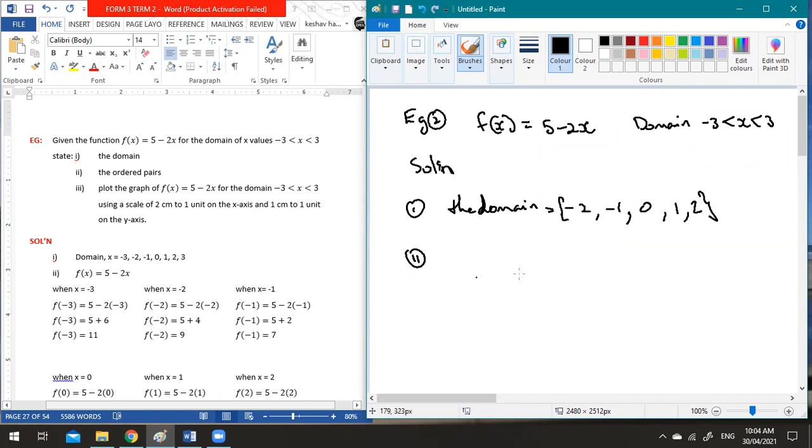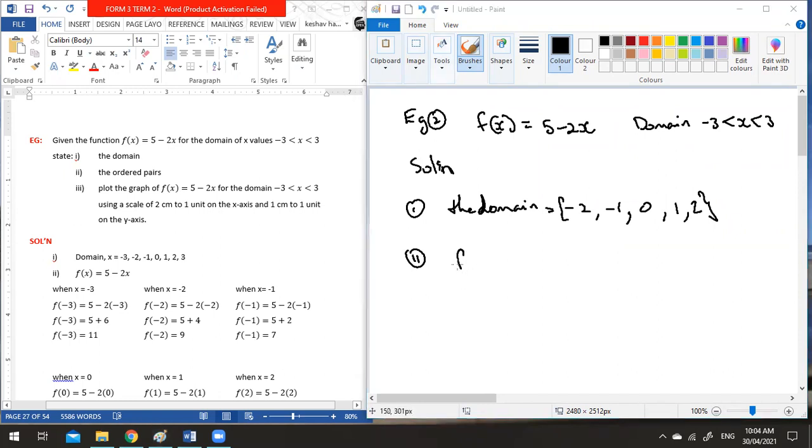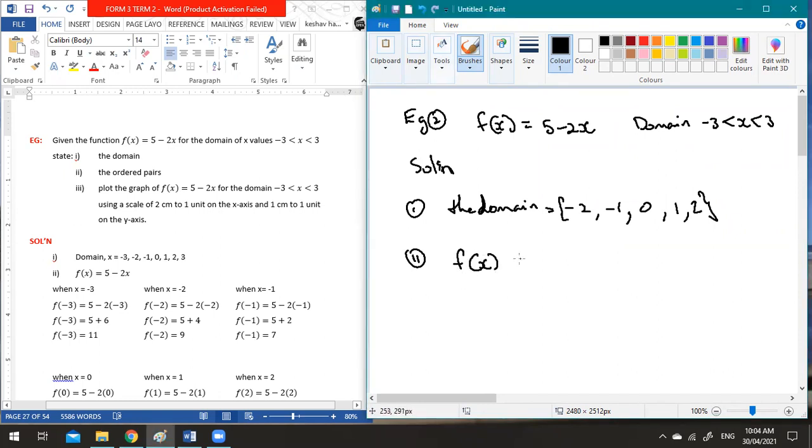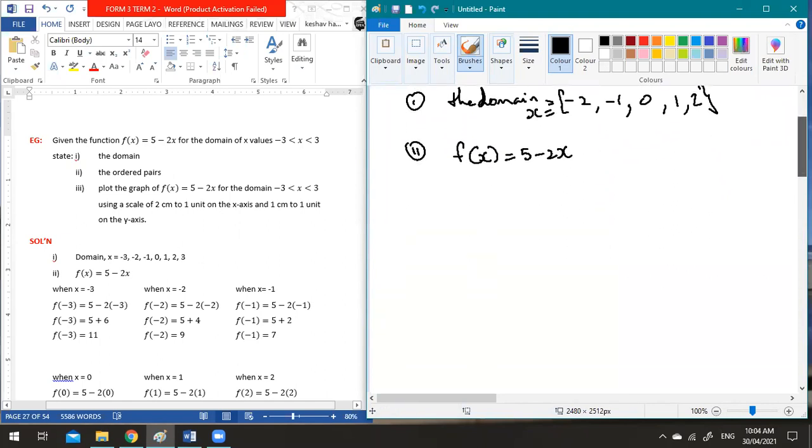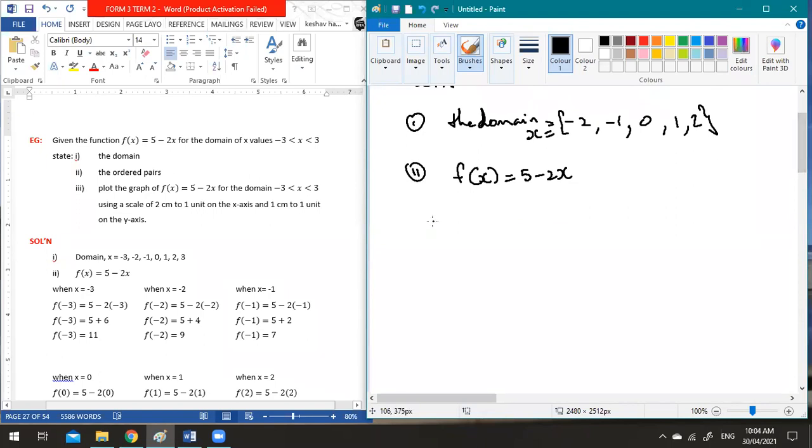Part 2, the ordered pairs. In order to find the ordered pairs, we have to fill in the function using the values of x that we have. So the x will be equal to these values. For the first one, we're using -2. Whenever we see x in the function, we put -2 in our bracket.